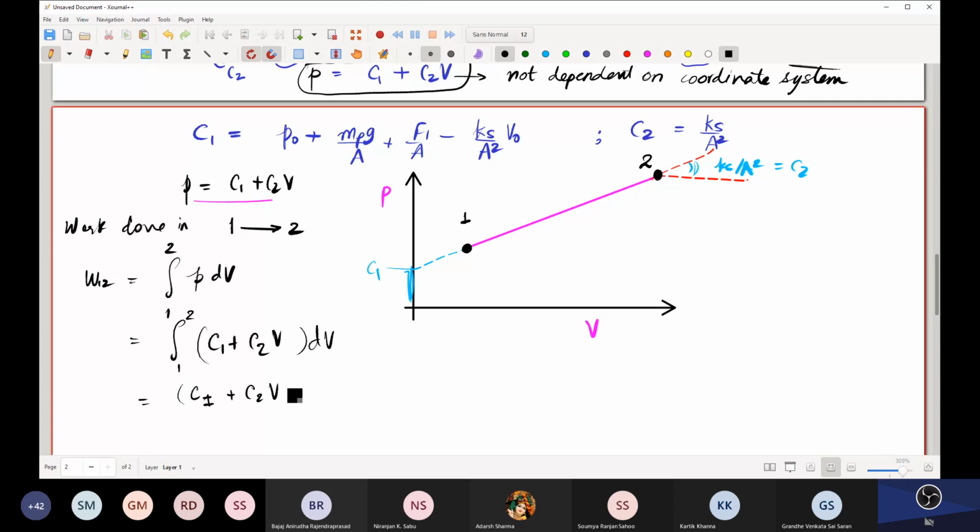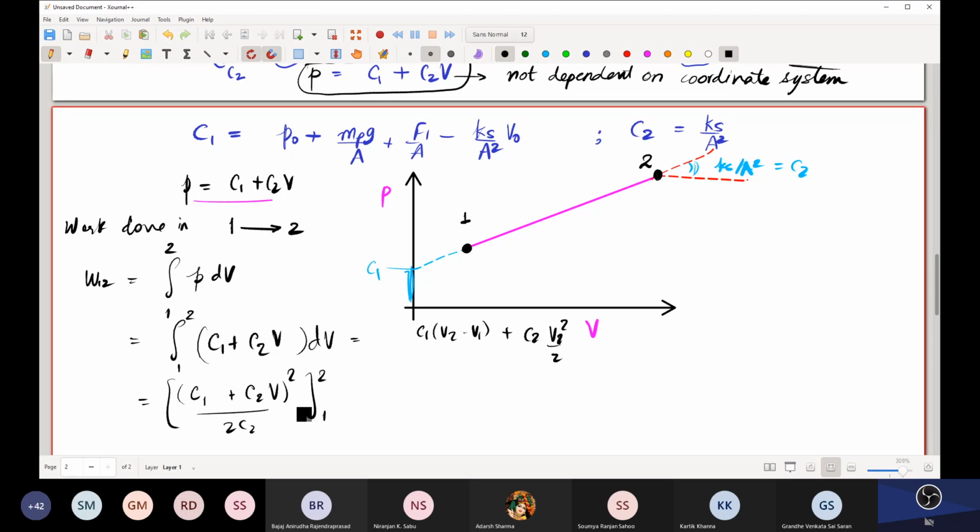It will be C1 times V2 minus V1 plus C2 V2 squared over 2. This is also correct, no problem.